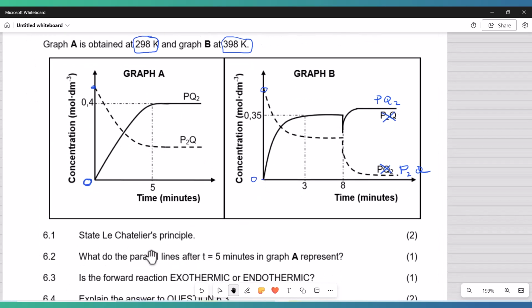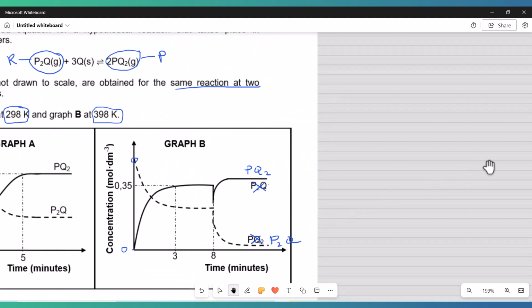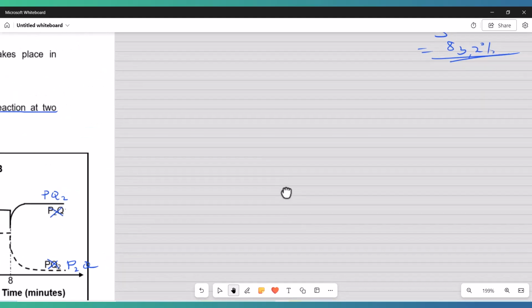State Le Chatelier's principle. How do we state it? Anybody who remembers? That is 6.1.